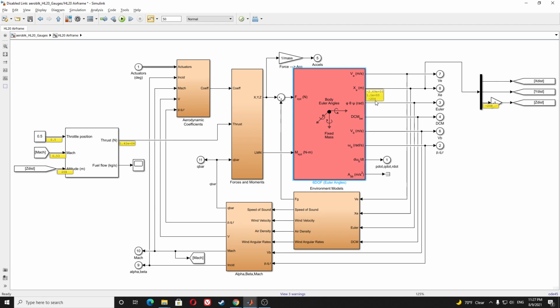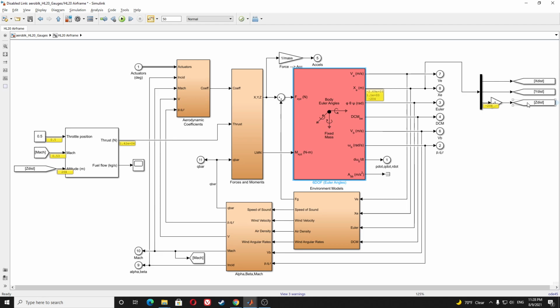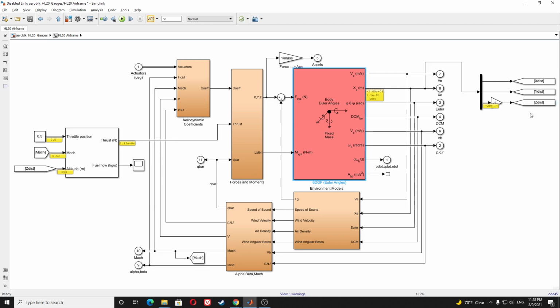On the Earth axis, we have taken z distance as negative, and we have to turn it positive, and that's why we can get the height above ground level value, and we can feed this value to our turbofan model.